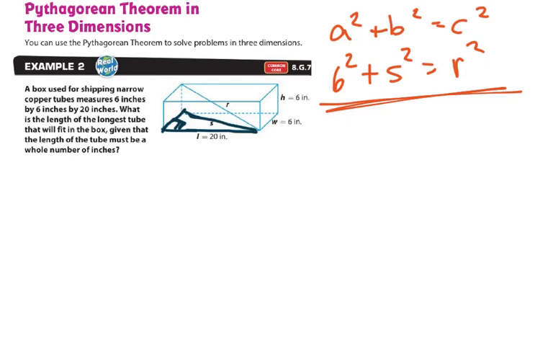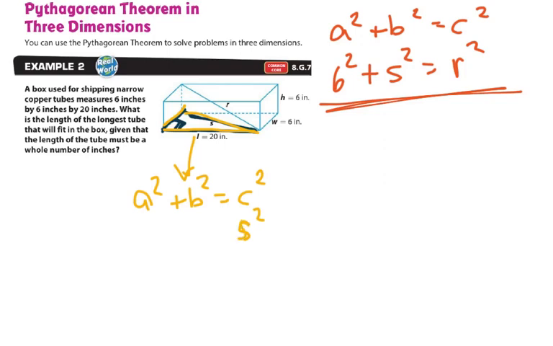And so if I look at this angle, I can also use the Pythagorean theorem. Okay, let me talk about this guy right here. The formula is a squared plus b squared equals c squared, right? And my c squared is essentially the S squared. Do you agree with me? Because that's opposite of the 90-degree angle.